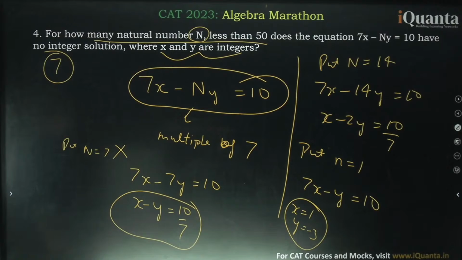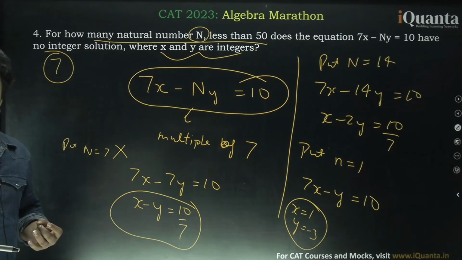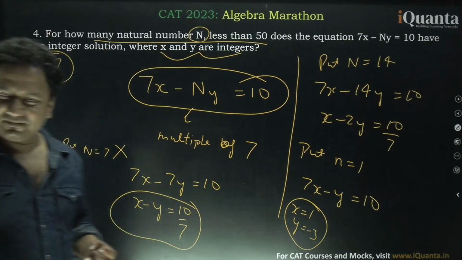Interesting question, right? Such a beautiful question this is. So those who have understood the beauty of this question might be feeling that this question has got such a fundamental concept.